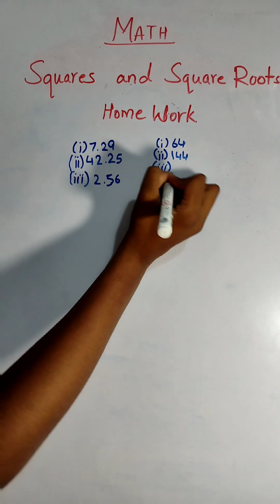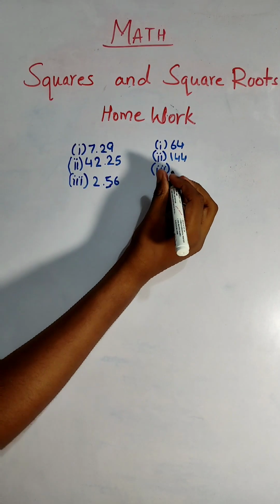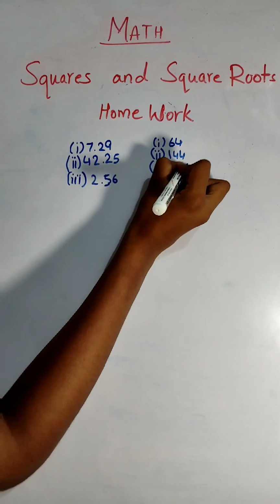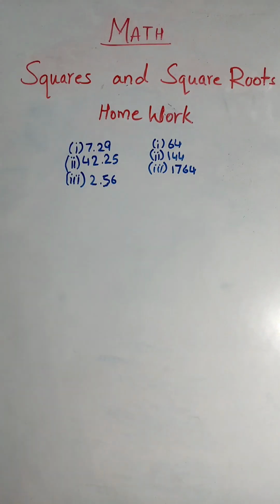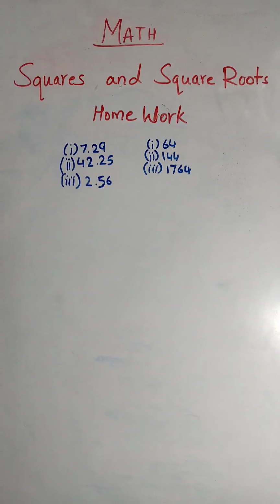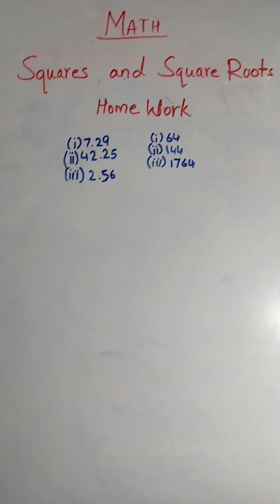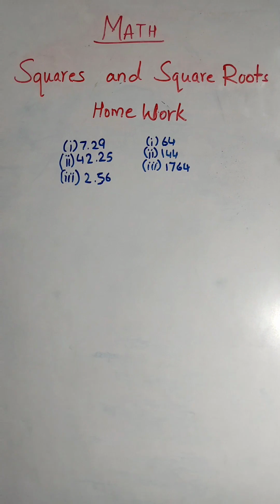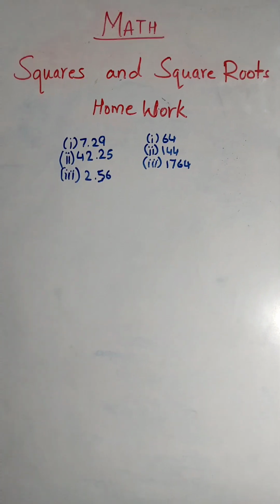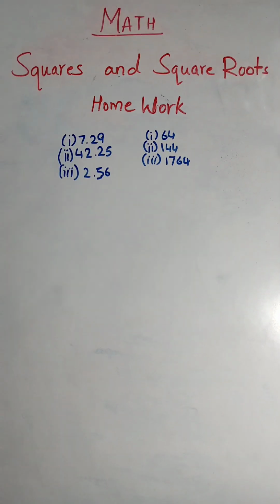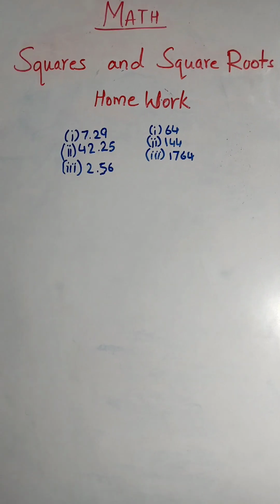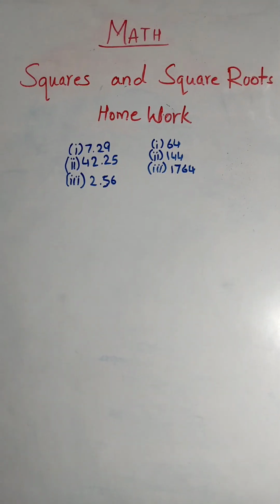And for the third number, we will take 1764. Okay, so this will be your homework. Also do it without calculations. Only these three you can do without calculations. These will require calculations. Go ahead and try it on your own.